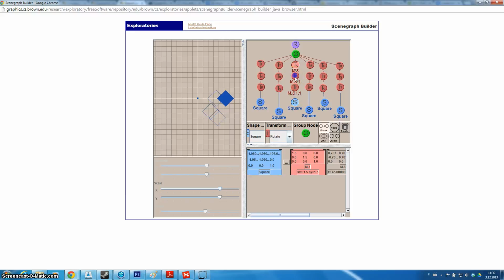But when we change that to first scale, and then rotate, and then transform, we see that the square is in a different place because the order of those matrices has changed. Okay, and the result differs by how these matrices are ordered.